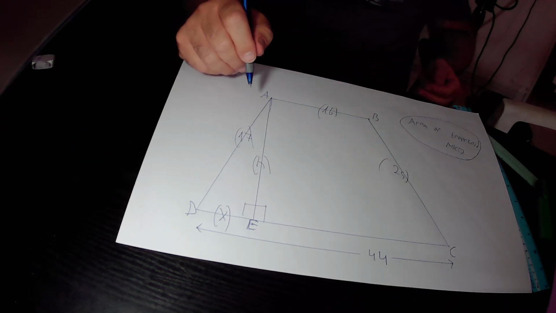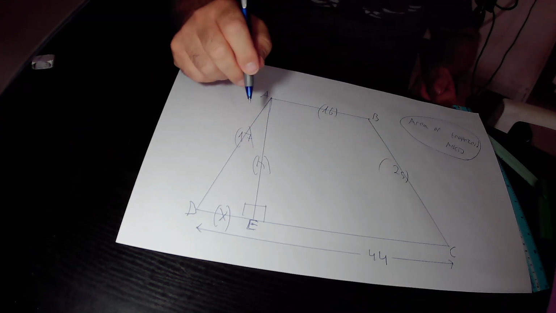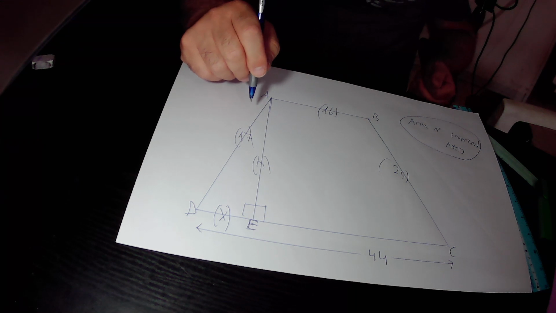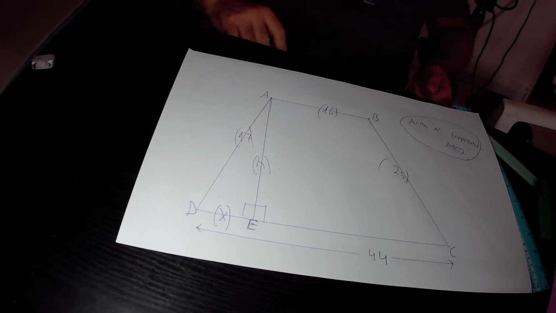In the next step, I'll copy the right triangle AED in a new page and implement the Pythagoras theorem with this right triangle, triangle AED.